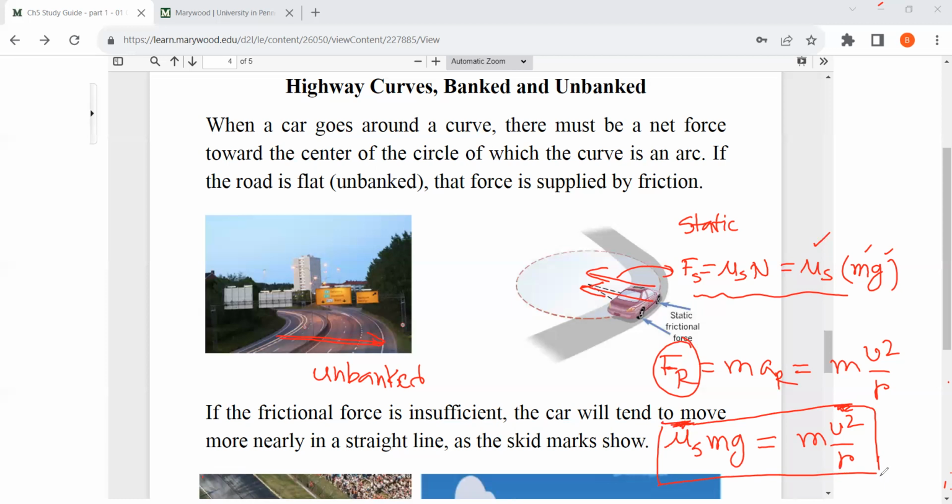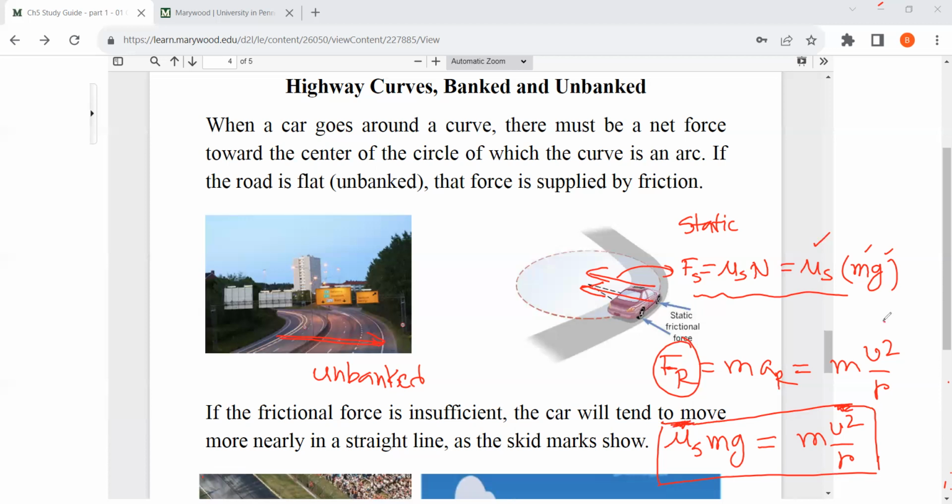All right, so the unbanked turn is easy to understand. The two things you need to understand: first, static friction is basically the component that is supplying the centripetal force. If there is no static friction or less static friction, it will be problematic. Another thing you need to understand is the centripetal force.